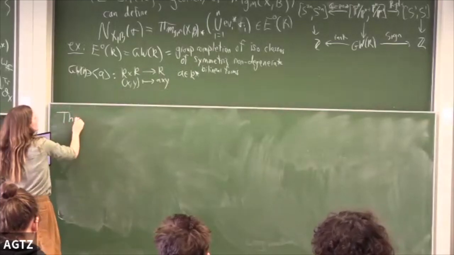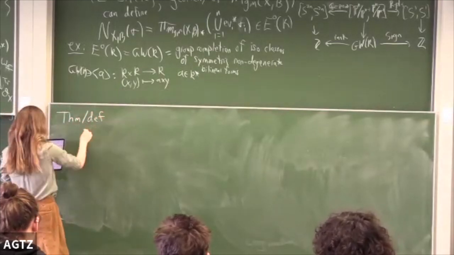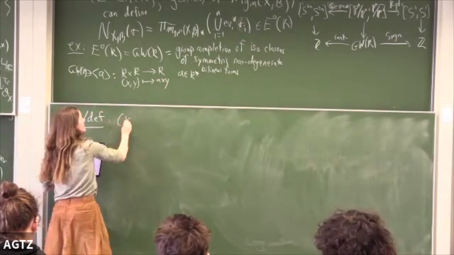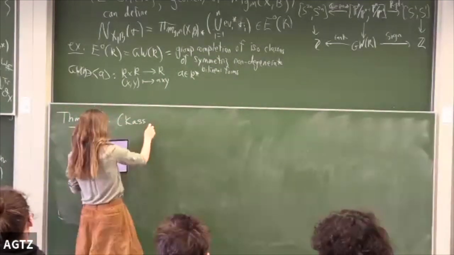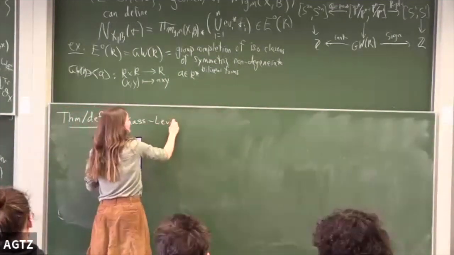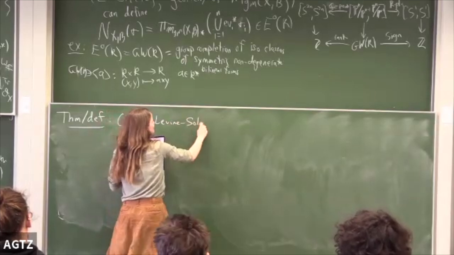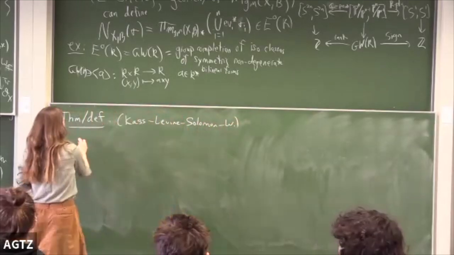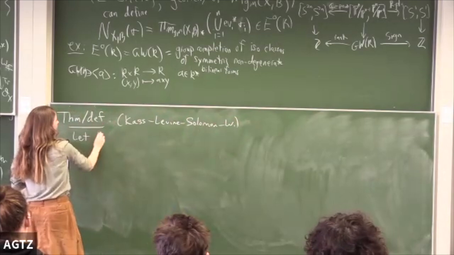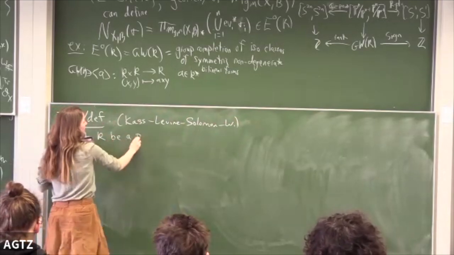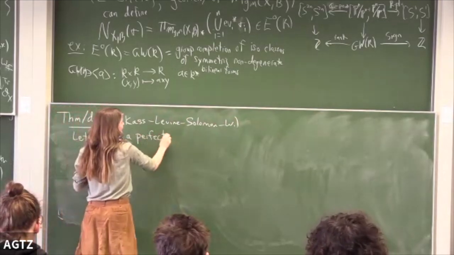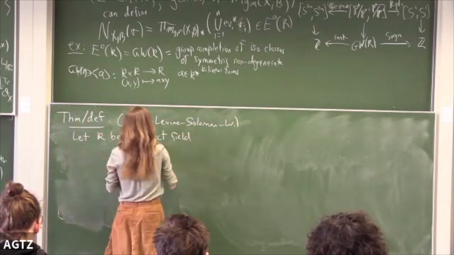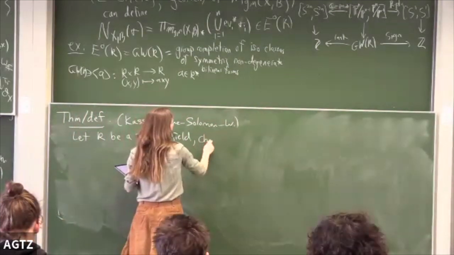So it's a theorem and a definition, joint with Jesse Pass and Mark Levine and Jake Solomon. So let K be a perfect field of characteristic not 2 or 3.